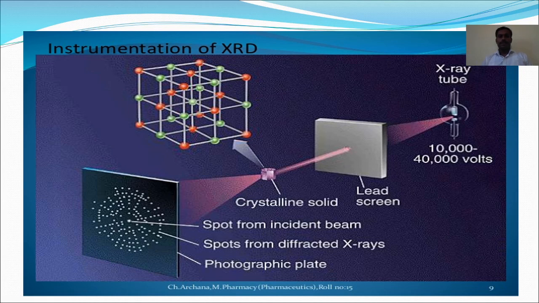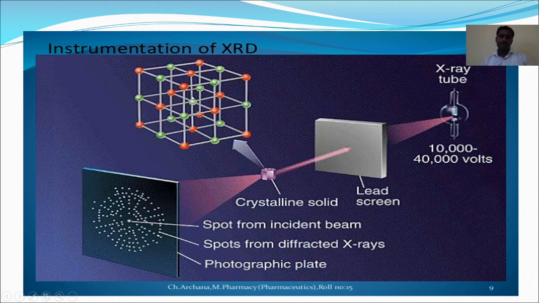In the instrumentation of XRD, whenever X-rays are generated in the X-ray tube, they pass through the collimator, which is lead sealed, so as to get monochromatic from polychromatic, and then fall on a crystal. The crystal is mounted on a crystal cell, and in a crystal, atoms, ions and molecules are arranged in a regular manner.